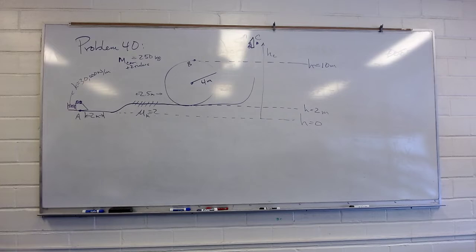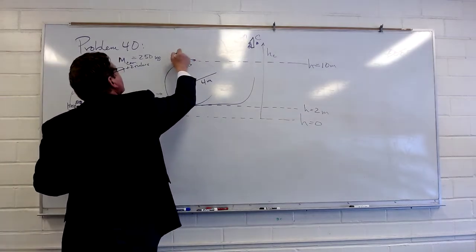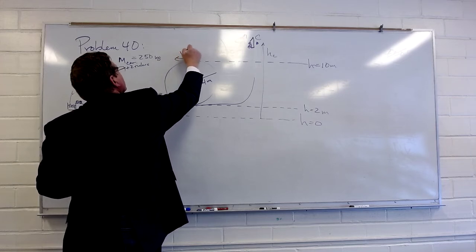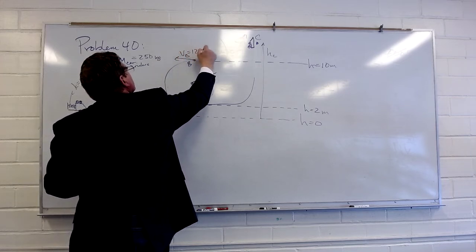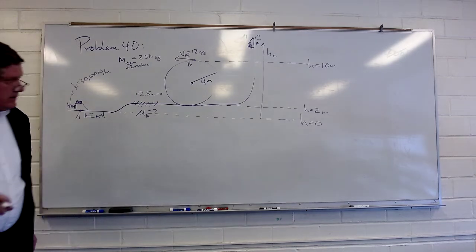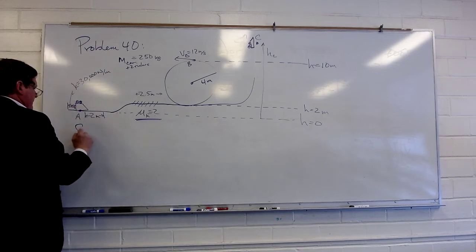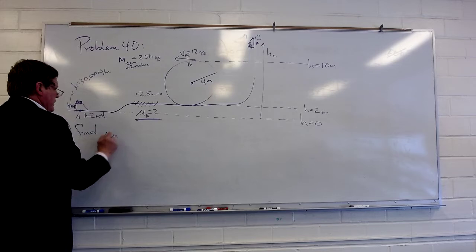If the speed of the car is 12 meters per second, we want in part A to find the coefficient of kinetic friction. So for A, we want to find mu sub k.